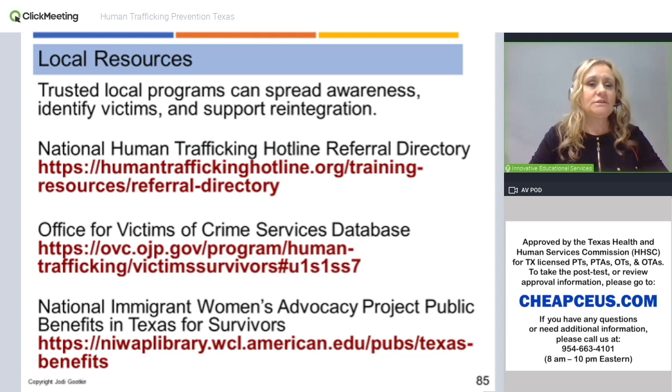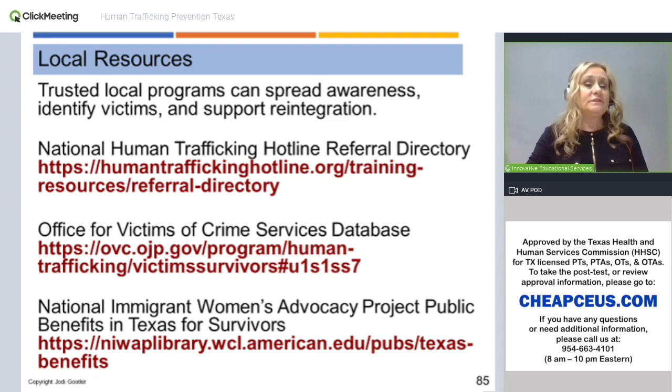Local resources are also beneficial. Different communities may have different needs based on the types of human trafficking that is occurring. Building that trusted network of local resources can help coordinate the services for the individual, provide that immediate assistance that they may need, and those services need to be available for foreign nationals, as well as domestic individuals.